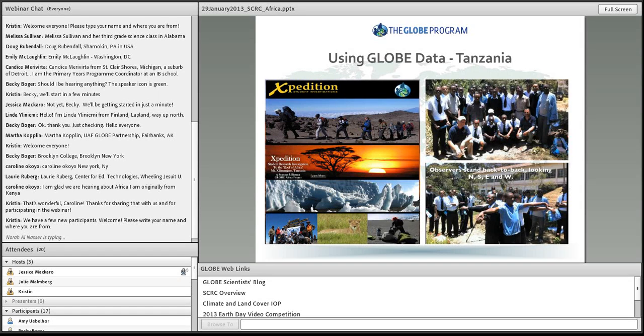The team collected various data with respect to air temperature, clouds, surface temperature, soil pH, electrical conductivity, and relative humidity, just to name the GLOBE protocols that they did.